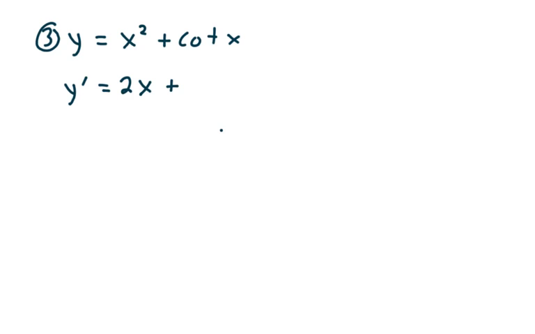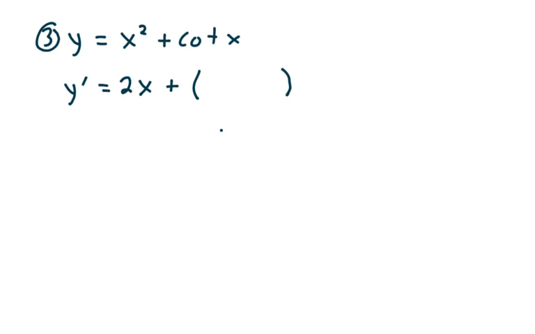Let's take a look at problem number 3. Suppose y equals x squared plus cotangent x, and I want y prime. The derivative of x squared with respect to x is equal to 2x. And the derivative of cotangent x with respect to x is equal to negative cosecant squared x. And that's just going to take getting used to.